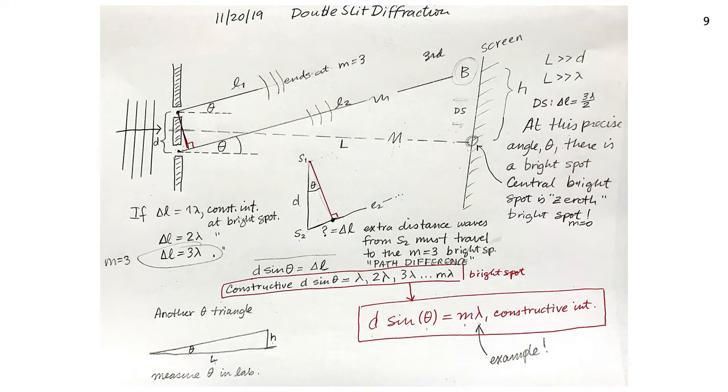Oh, one more thing I have to do here. This is distance L. All right. And we want L to be much, much greater than the slit separation, and we want it also to be much, much larger than the wavelength. Okay, and if that's the case, then you'll have a good diffraction setup.